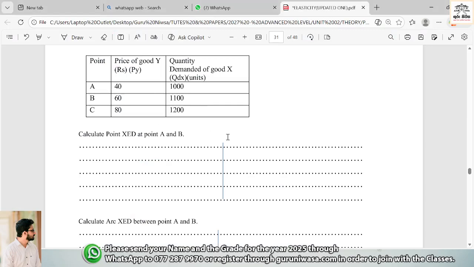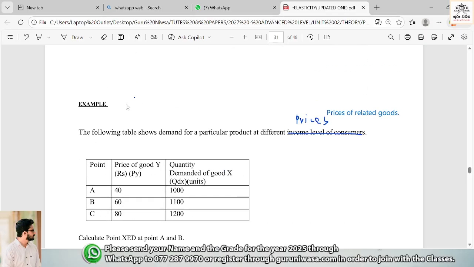Okay, I ask you to correct this point. The following table shows demand for a particular product at different prices of related goods, not income. The table shows three points A, B, C. The price of good Y is 40 rupees, then 1000 units are being demanded.